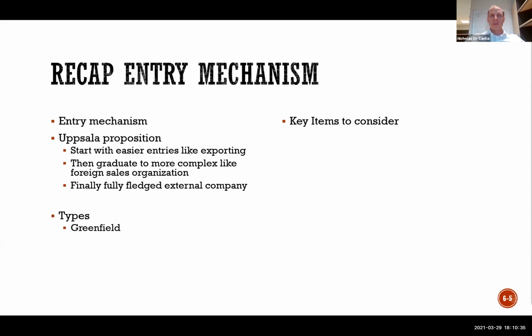So when we look at entry mechanisms, firstly, we have a look at the scale, because that really talks about what we can do. And then we've got these types: greenfield, a JV or a partnership, the acquisition, and then licensing or distributor or selling. I want to look at those four and say that the key items you've got to consider are, how big are you? I've put this in some order of importance.